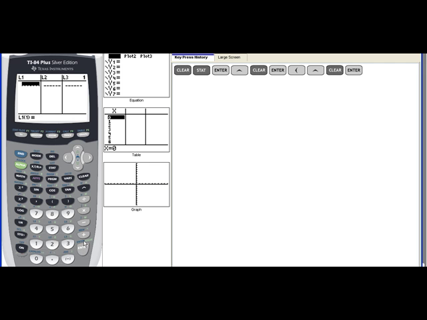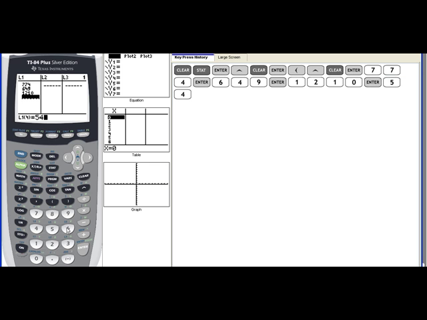Okay, so I'm going to enter 774, 649, 1210, 546, 431, and 612. Okay, so you'll want to double check your numbers to make sure you haven't made an error in entering them.